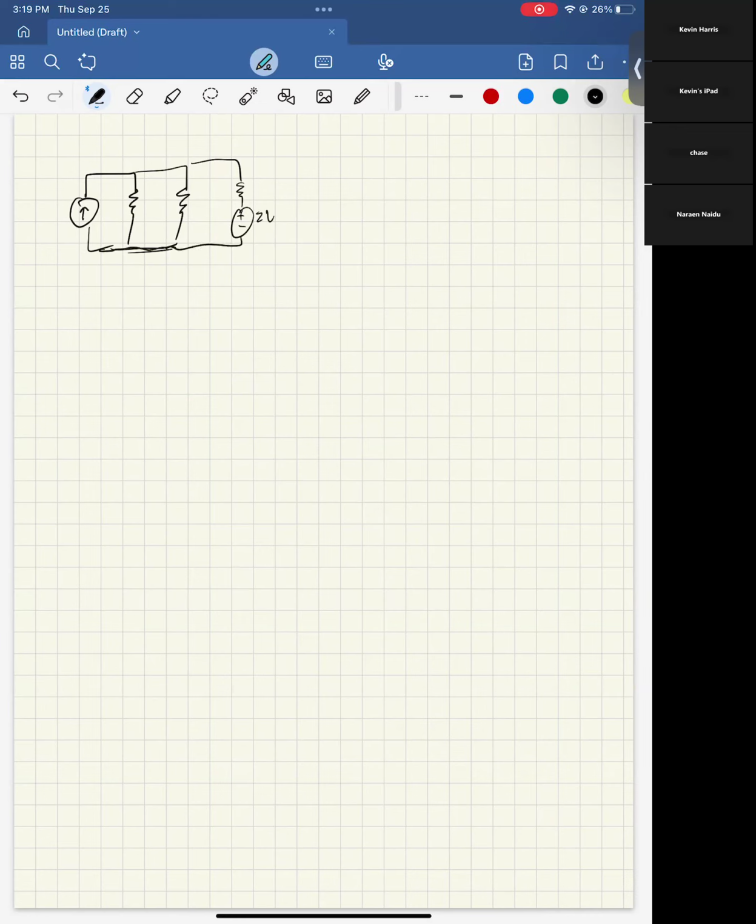It's all one line. And then we have 3 ohms. So use superposition to find the power of the 3 ohm resistor. So again, very similar.